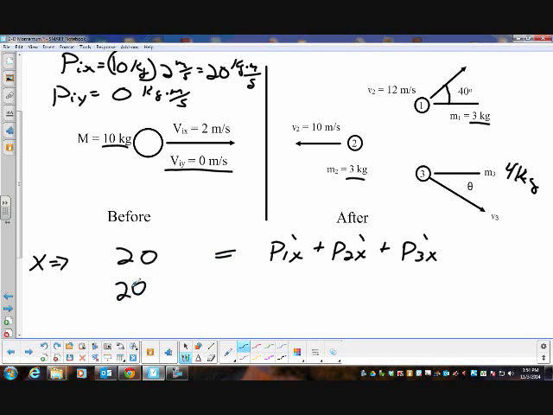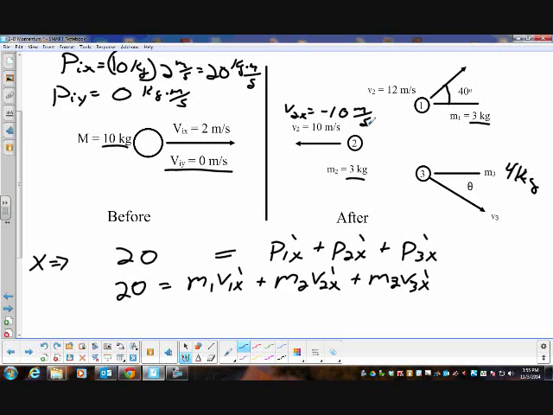So what this means is 20 is equal to, well, this mass 2, this velocity is all in the x. And since it's in the negative direction, it gets a negative 10. So I've got that velocity. I know all the masses. Velocity vector for object 1 can be broken down: so much is in the x, so much is in the y.